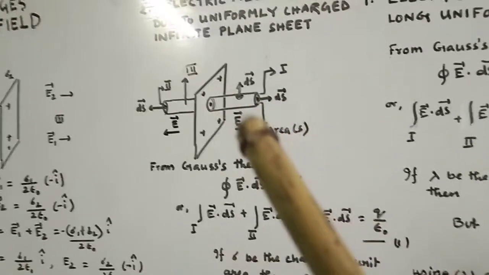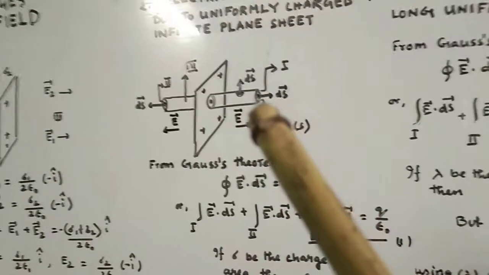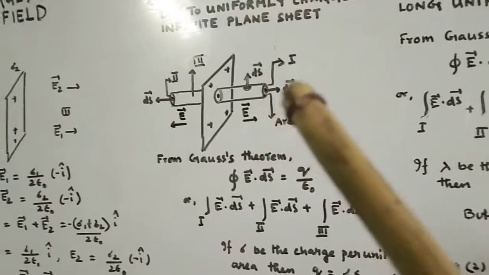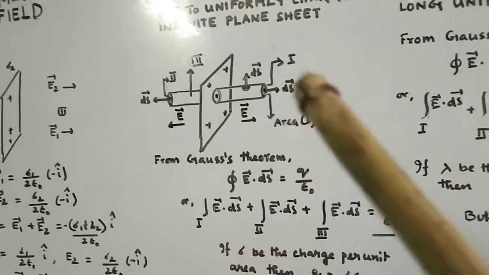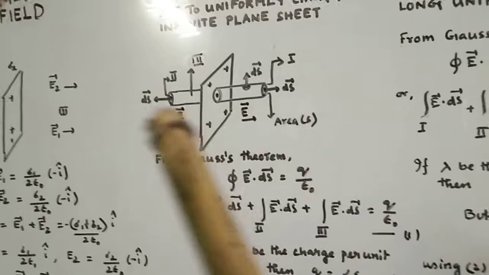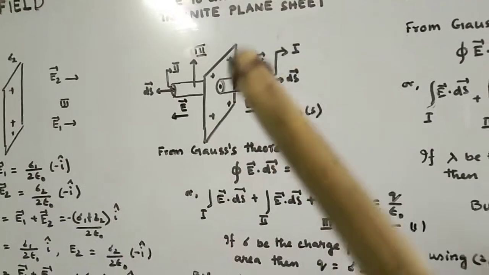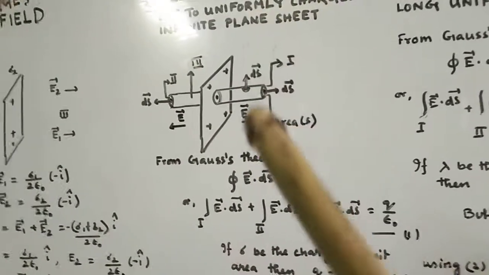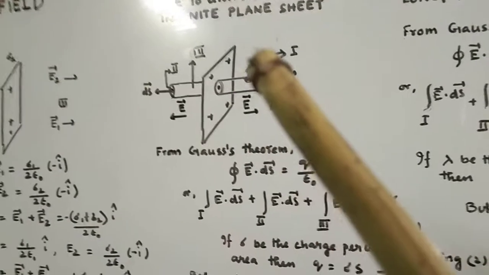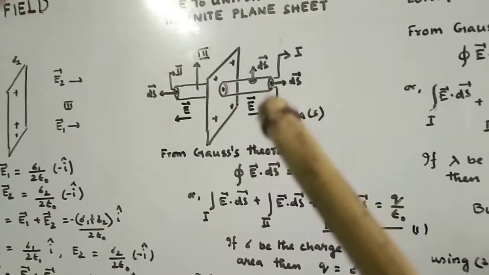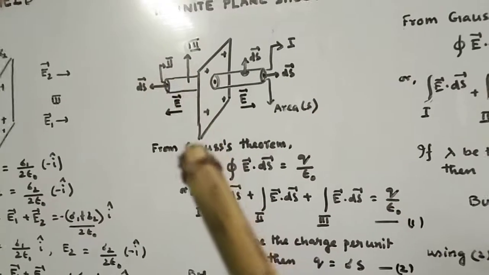Now out of the small S, we have considered a further smaller element ds at this point as well as at this point. So ds, E vector is outward, here also E vector is outward, ds is up. So ds is up and E vector is this side, so ultimately the dot product of ds and E on the curved surface goes to 0. Only these two parts will survive.